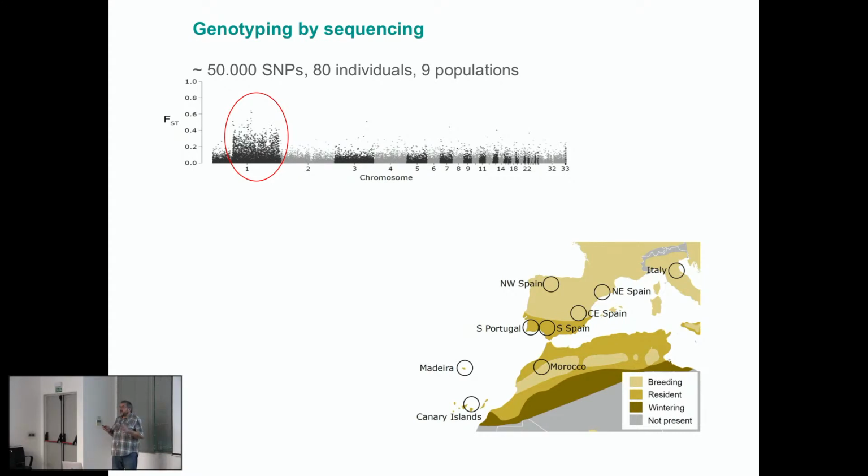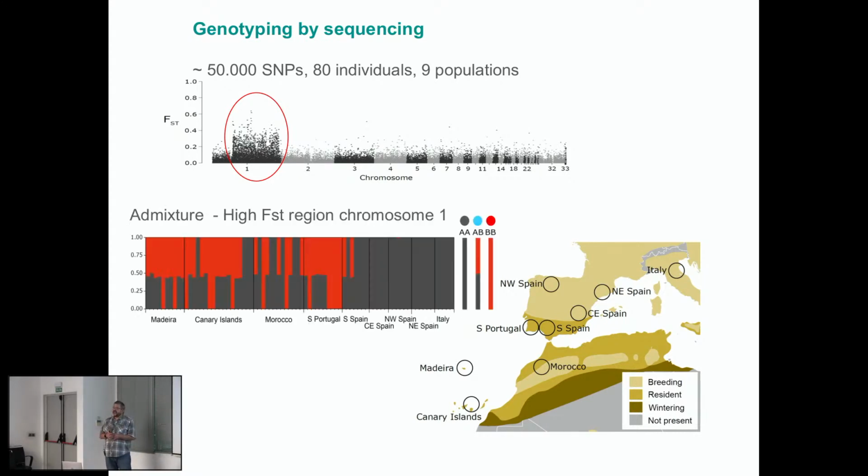And with that, we could try to characterize all the quails. And this is what we saw. This is equivalent to a structure analysis that many of you have used. And we can see that each individual here appears as a vertical bar. And we can see that we have black bars, we have red bars, and some bars that are half and half. This is very weird, very uncommon.